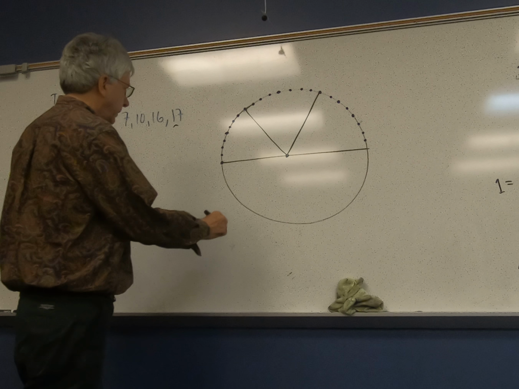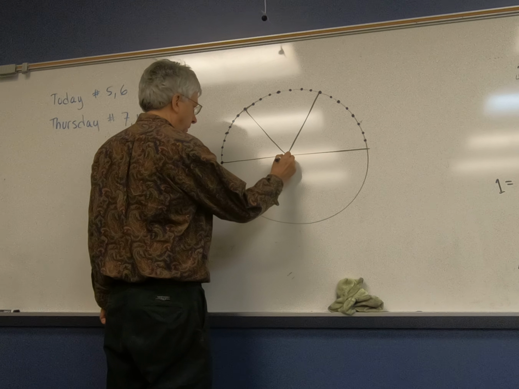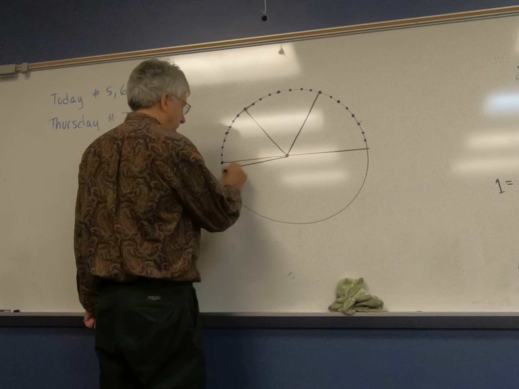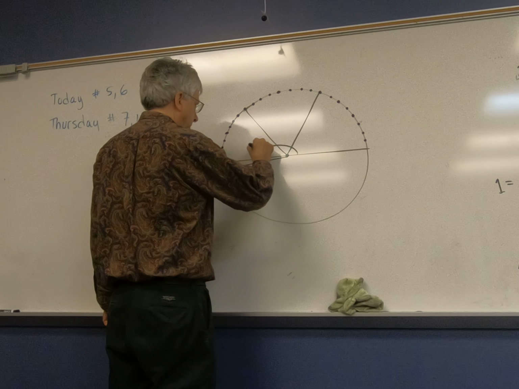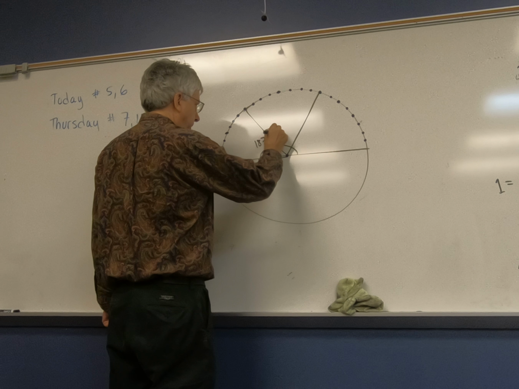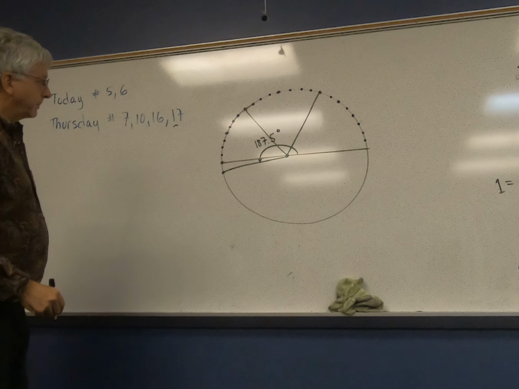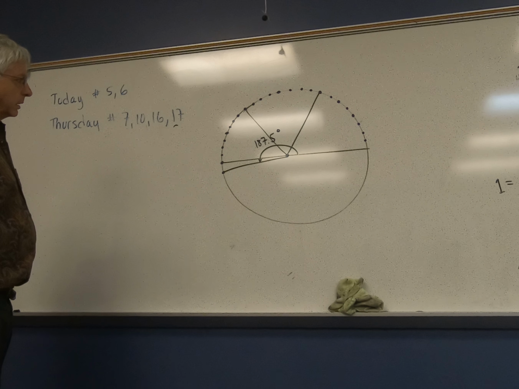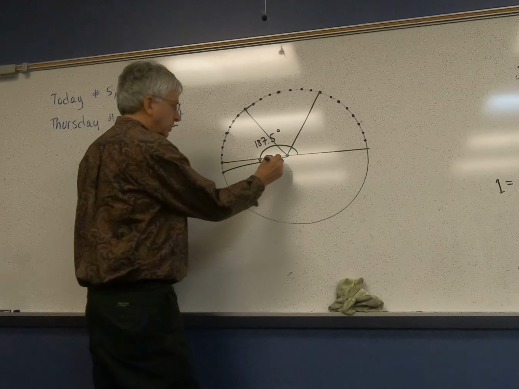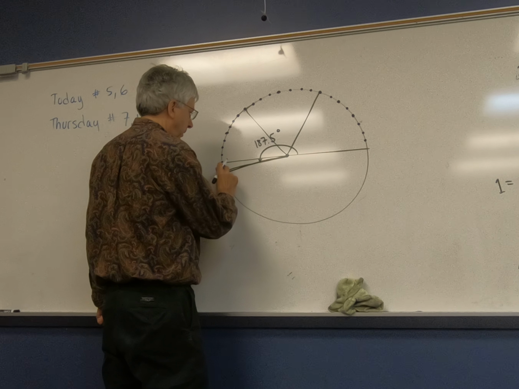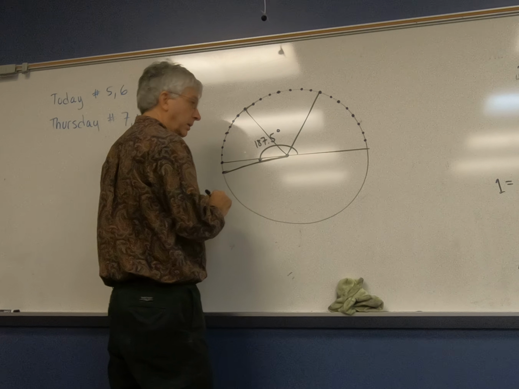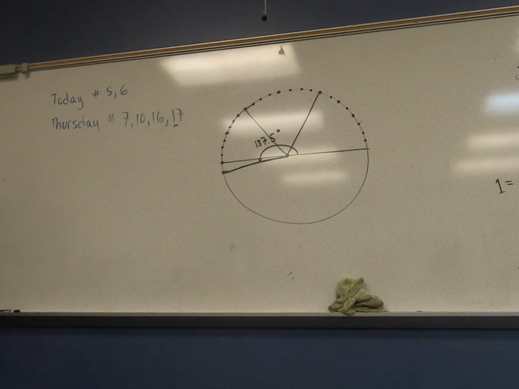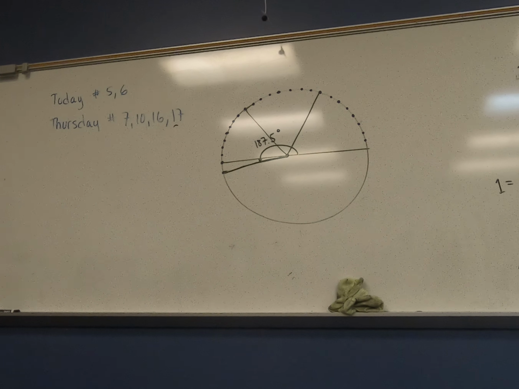Okay, so what happens if we have a 187.5 degree arc? So that's going to be this, right? So 187.5 degrees would be that angle there. And what's the chord associated with that angle? Well, do I have a, yeah. There's that 7.5 or whatever.